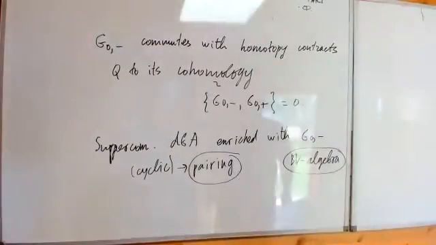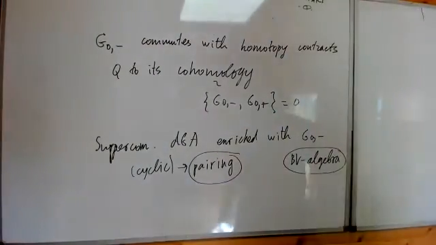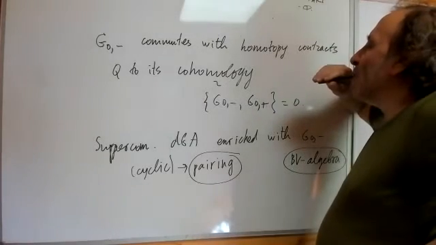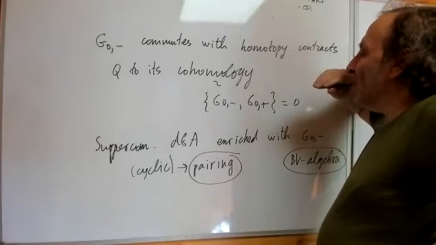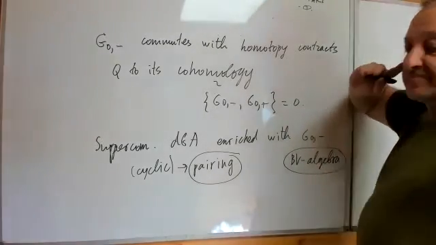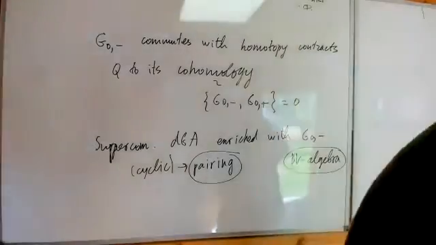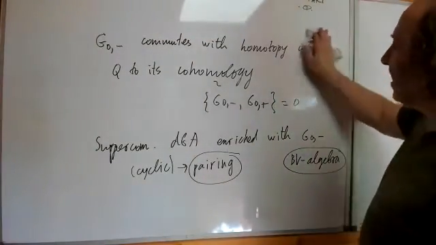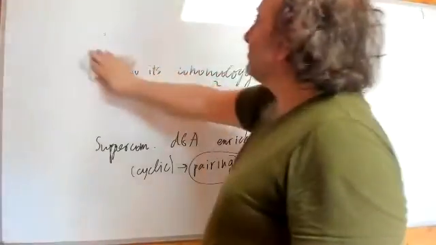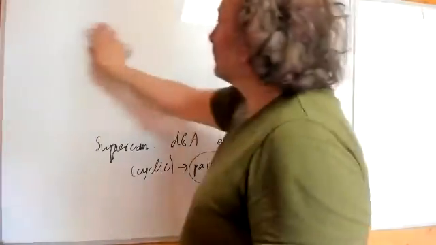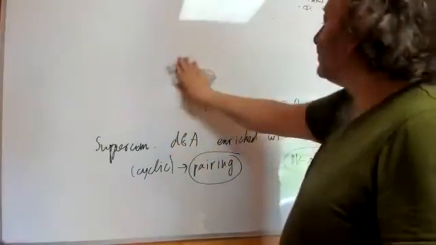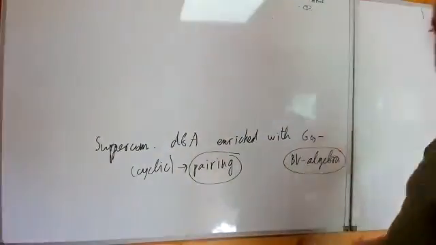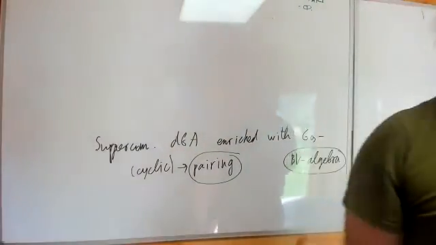But here I demand more. So it's some additional datum to contract this algebra. And with this data, I can write down Feynman diagrams.